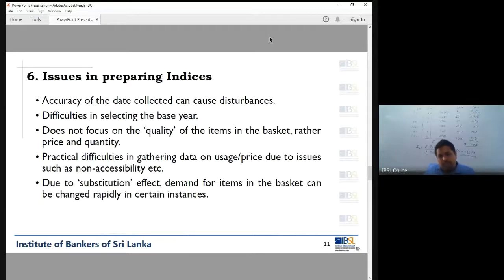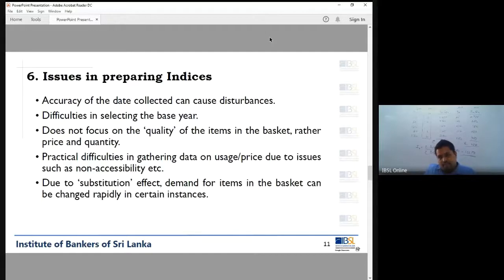We'll go a little faster. Accuracy of the data collected can cause disturbances. If you look at a computation like inflation, how do they do it in Sri Lanka? As far as I've heard, they use licensed agents from the Department of Census and Statistics.